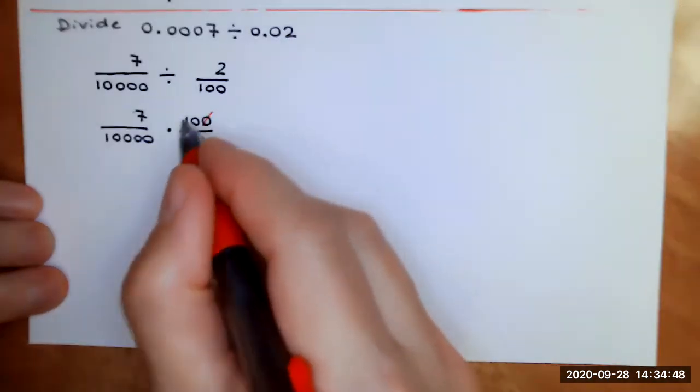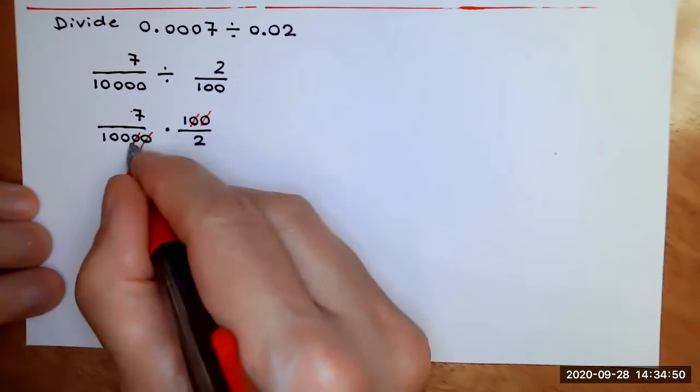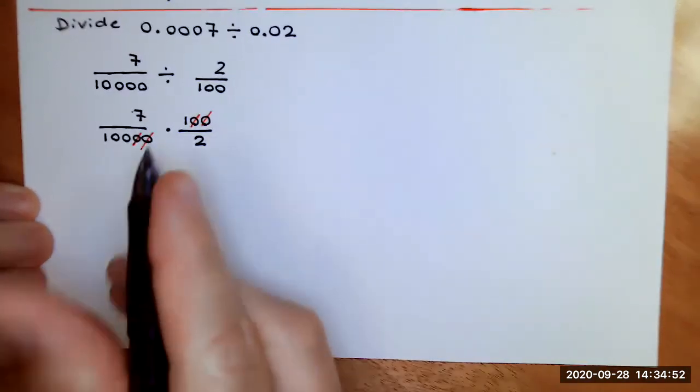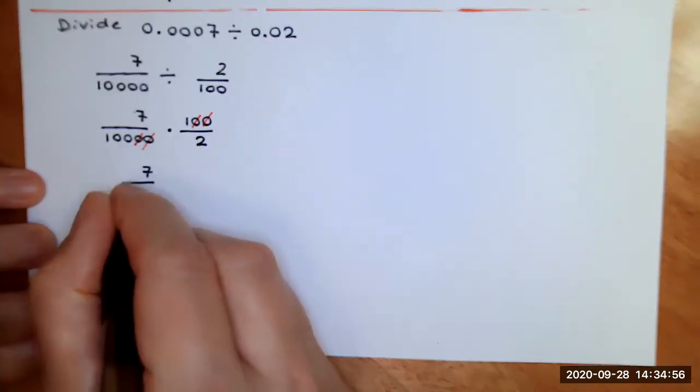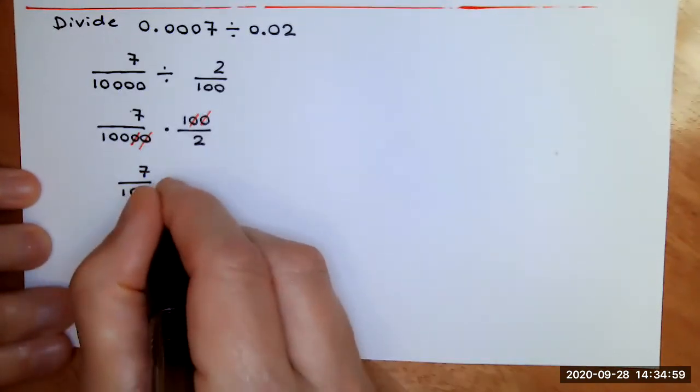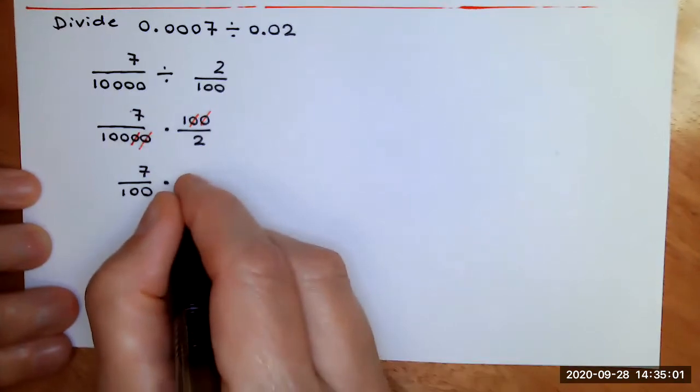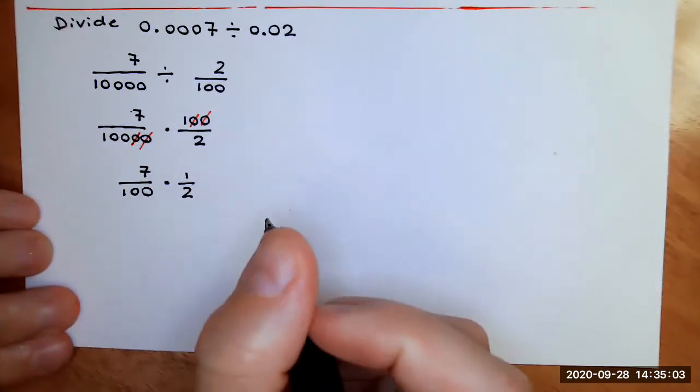So we could cancel 10, cancel 100. That's the same problem as 7 over 100 times 1 over 2.